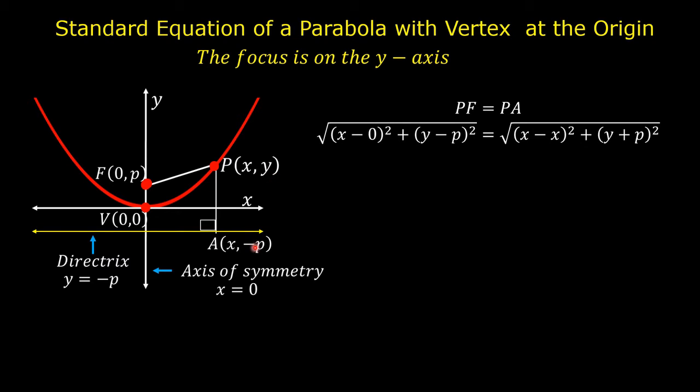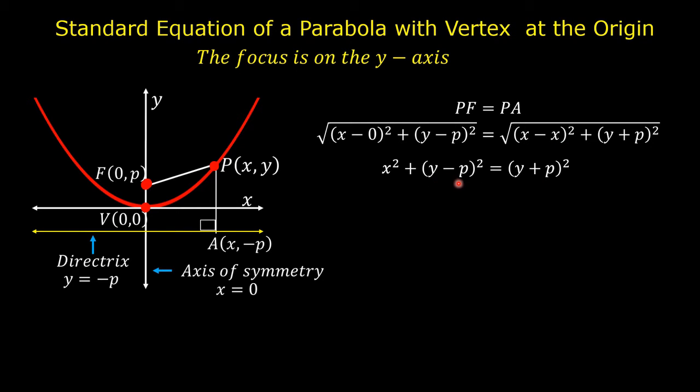y minus negative p becomes y plus p. Squaring both sides, we have x squared plus the quantity (y minus p) squared is equal to the quantity (y plus p) squared. The x minus x becomes 0.